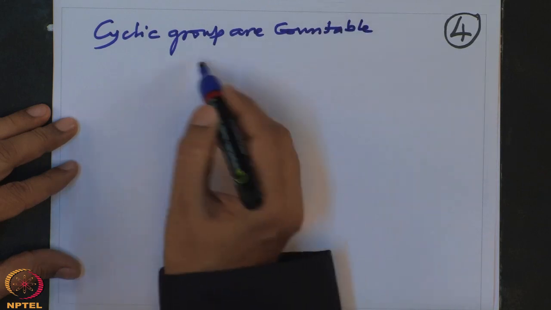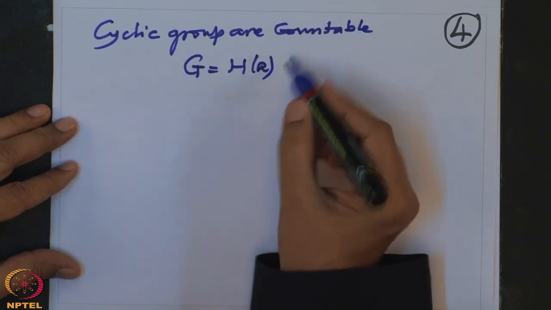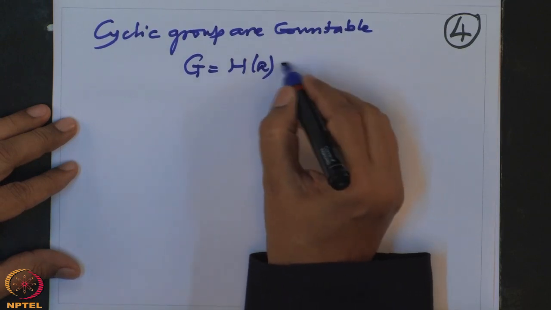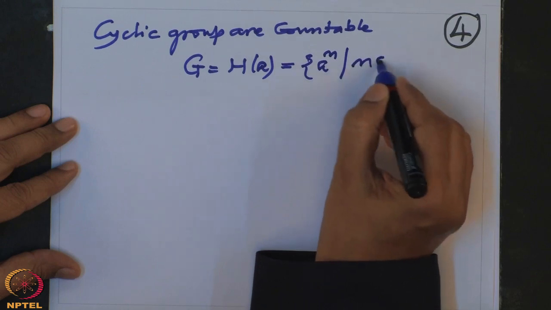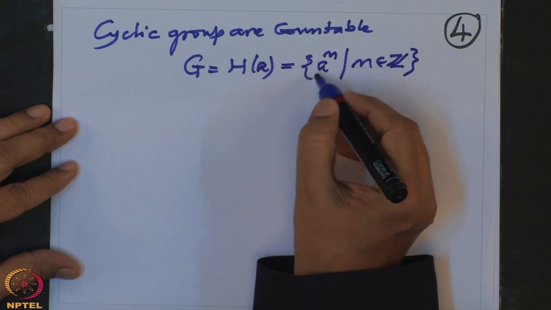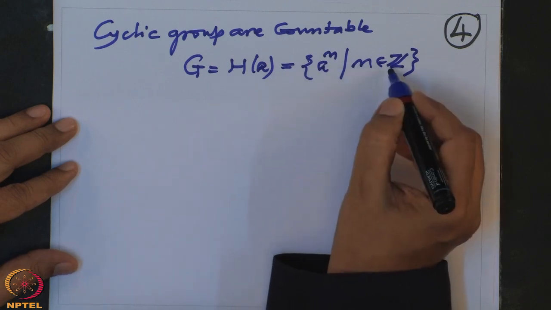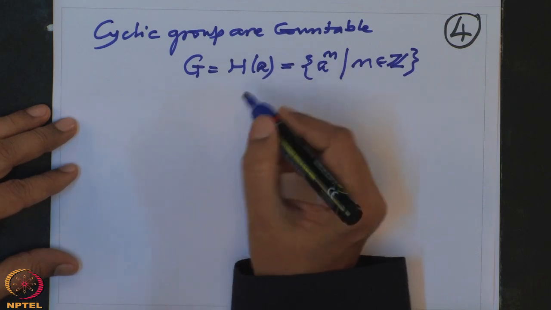That is clear because cyclic means it is generated by one element, that is, it is the smallest subgroup which contains this A, but this is nothing but A power n, as n varies over the integers. Therefore, there are at most Z many elements in G. So, in particular, G is countable.